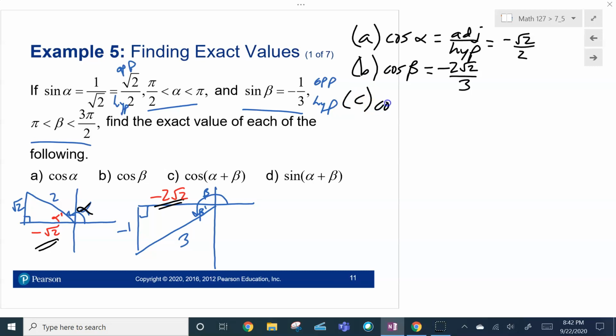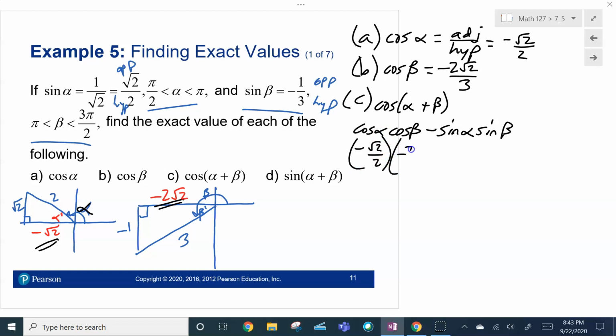C, cosine of alpha plus beta. Well, we know cosine of alpha plus beta is cosine alpha cosine beta minus sine alpha sine beta. Cosine alpha, fill it in. Cosine beta, fill it in. We just found that, negative 2 root 2 over 3.